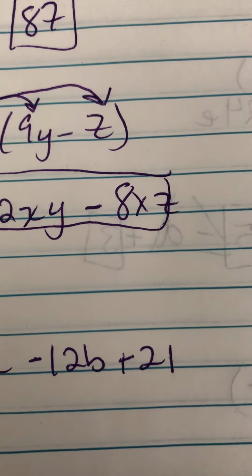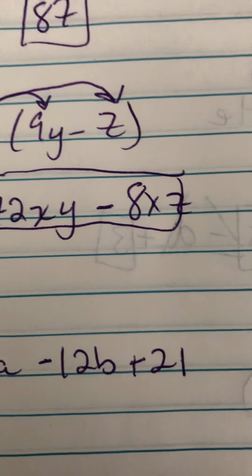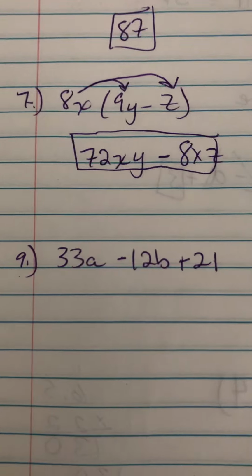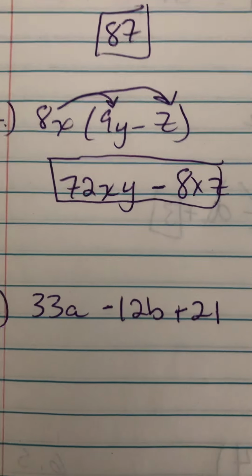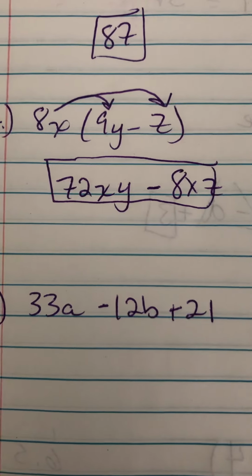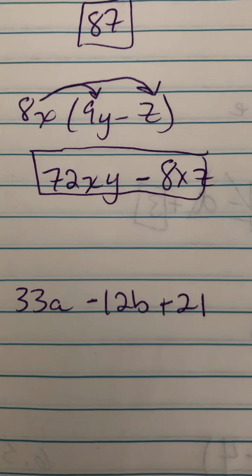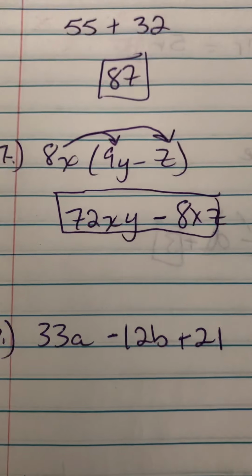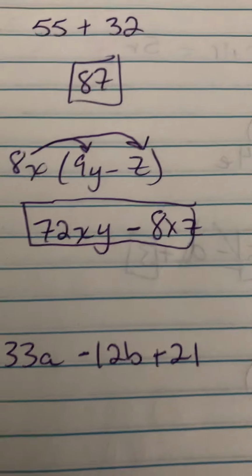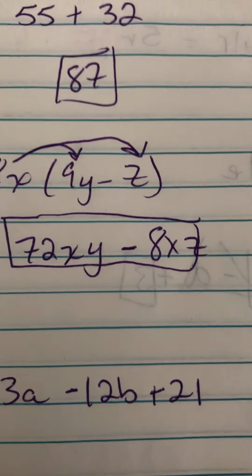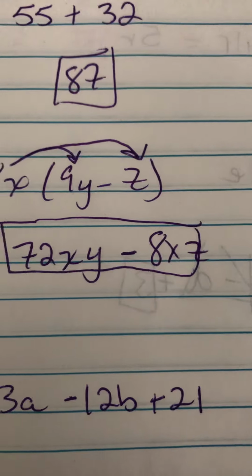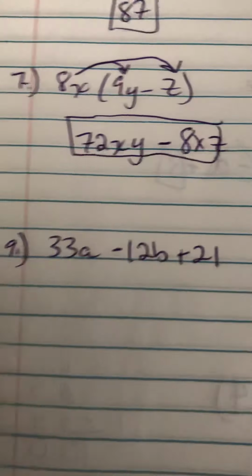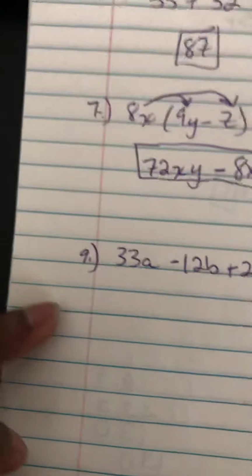So there is no 5 in that situation, so it is not letter C. And then letter D is negative 33a plus 12b minus 21. Okay, hold on. Let's see. What did we do here? Okay, let's skip that one because I need to figure out what's going on with that one.